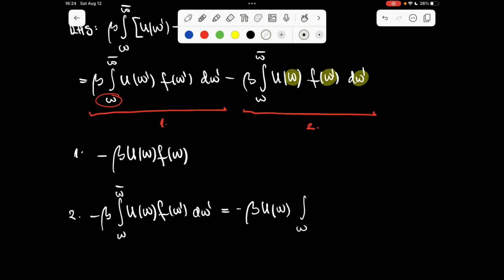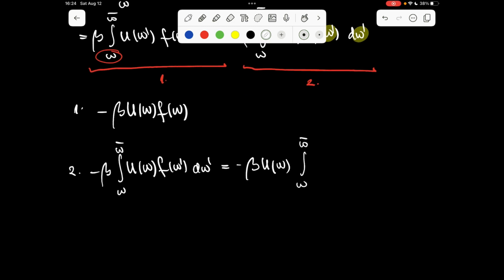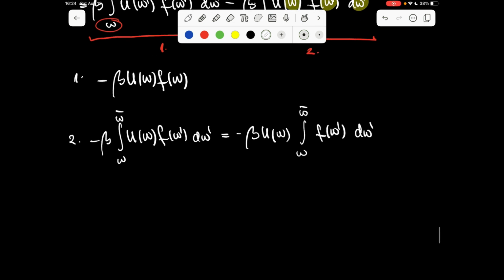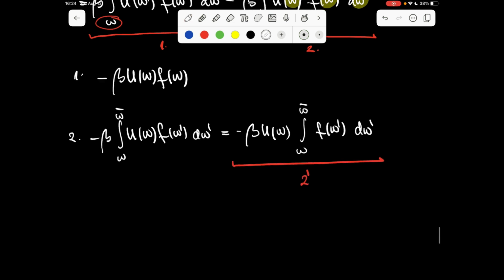We can put the utility function in front of the integral. This is still section 2 of the problem in a different way.